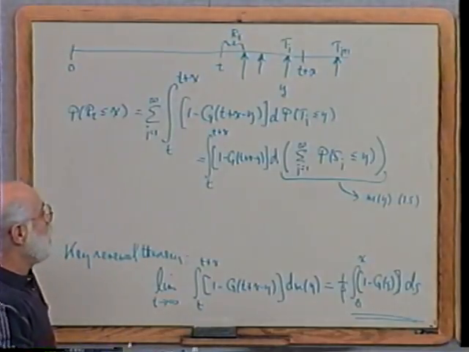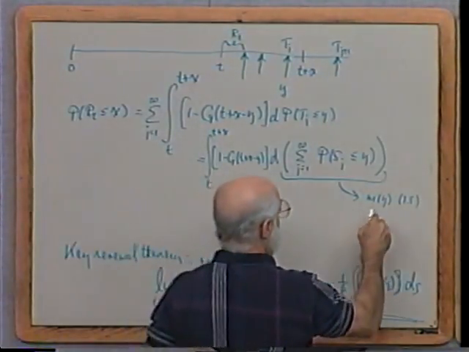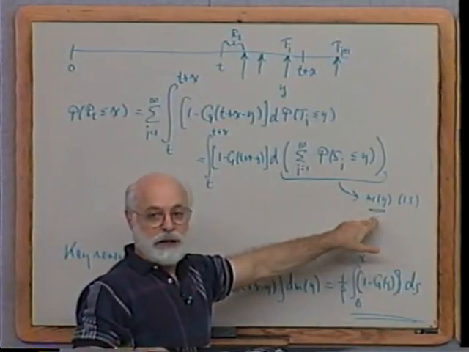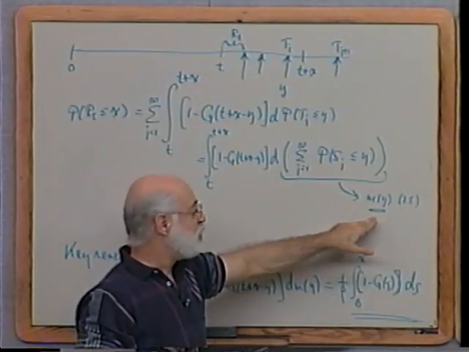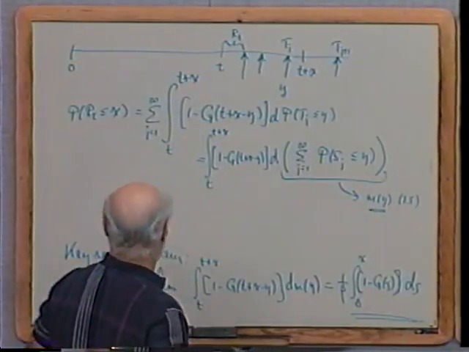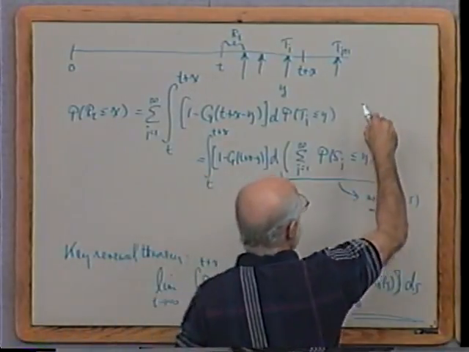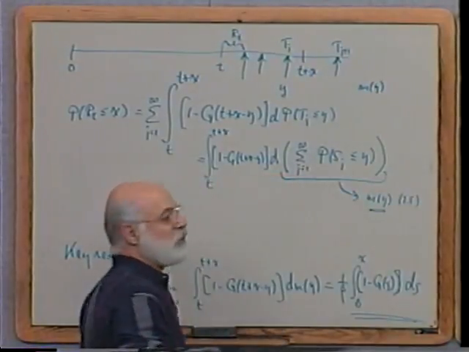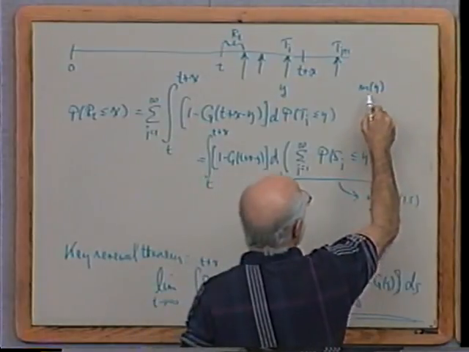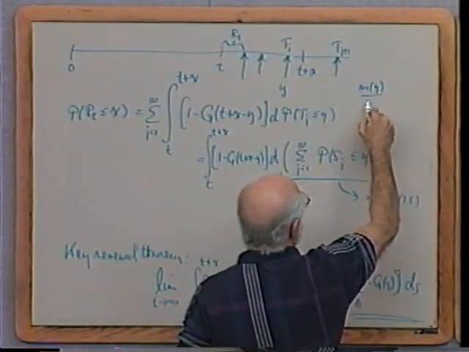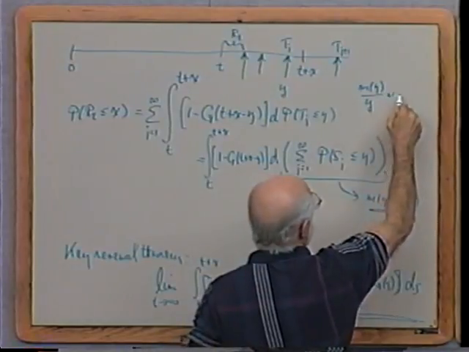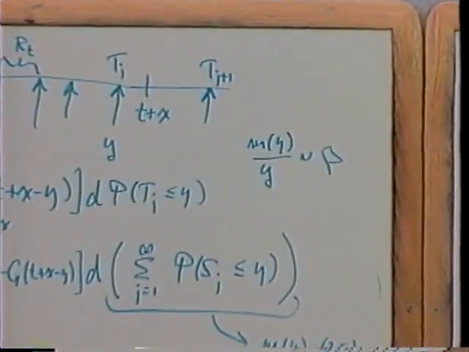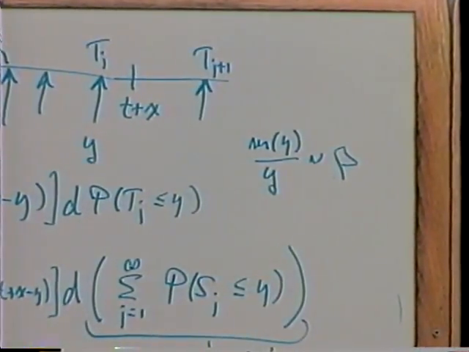So as y goes to infinity, what happens to this thing m of y? M of y, remember, was the expected number of renewals in an interval of length y. And we had the so-called elementary renewal theorem, which said that m of y, the average number of renewals divided by the length of time... I got that backwards. Let me say that again.